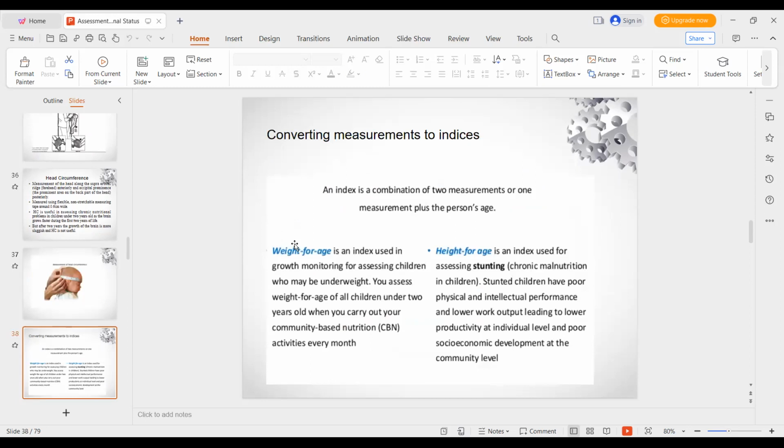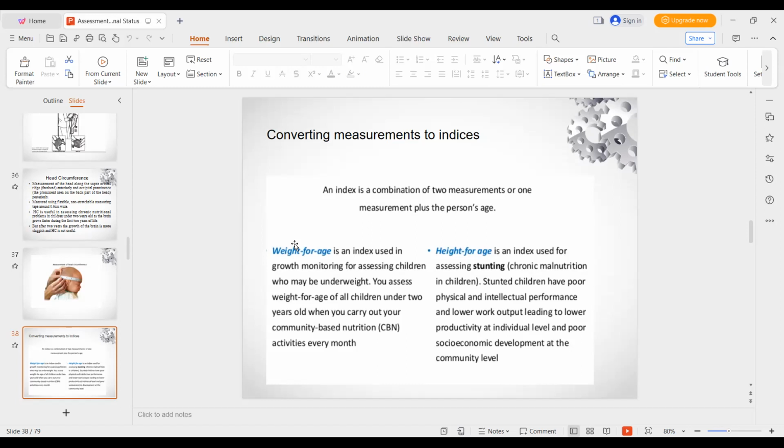Converting measurements to indices. An index is a combination of two measurements or one measurement plus the person's age. Weight for age is an index used in growth monitoring for assessing children who may be underweight. You assess weight for age of all children under 2 years of age.